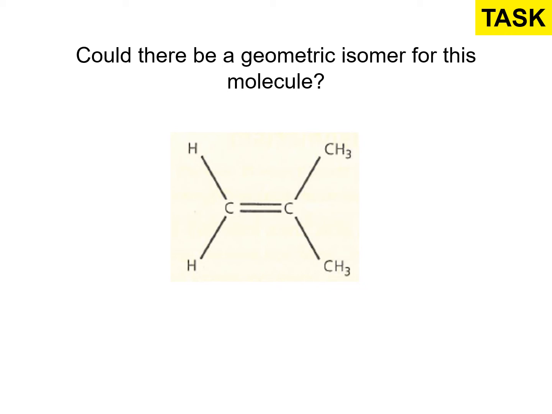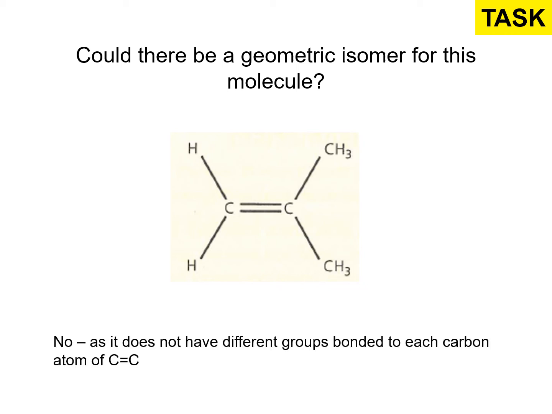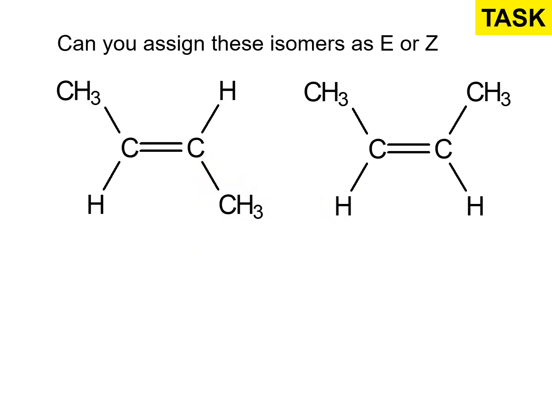If we look at this example, you can see that it does not exhibit geometric isomers because it does not have different groups bonded to each carbon atom. If we have a look at these molecules, we are going to assign them as E or Z. In the first example, the methyl groups are opposite each other, so that is an E isomer, and in the second example, the methyl groups are on the same side, so that is a Z isomer.